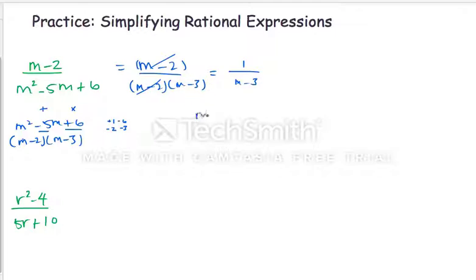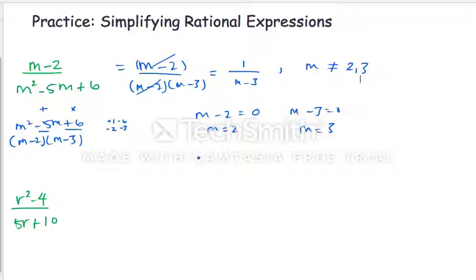So m minus 2 cannot equal 0. So what value of m would make it 0? If m was 2, then this factor would be 0. And same deal here, m minus 3 is equal to 0 if m was equal to 3, so the whole thing would be 0. So m cannot equal 2 or 3.